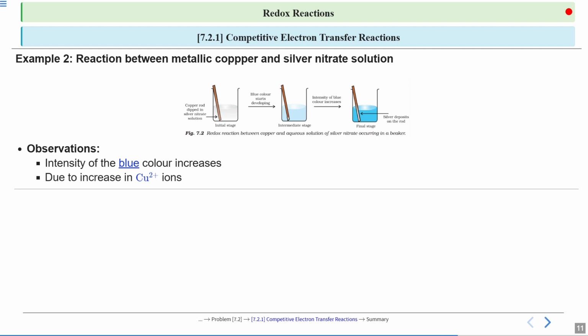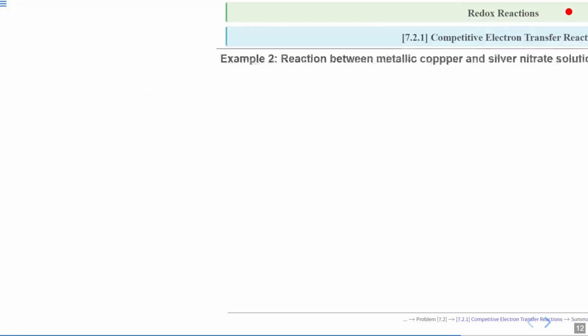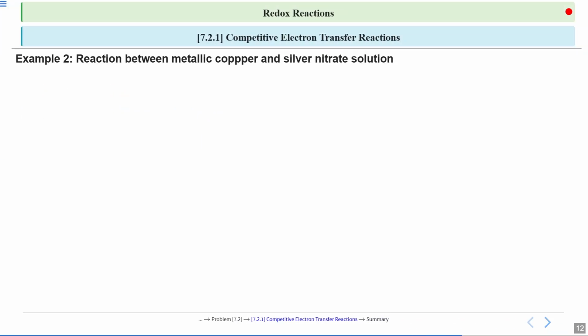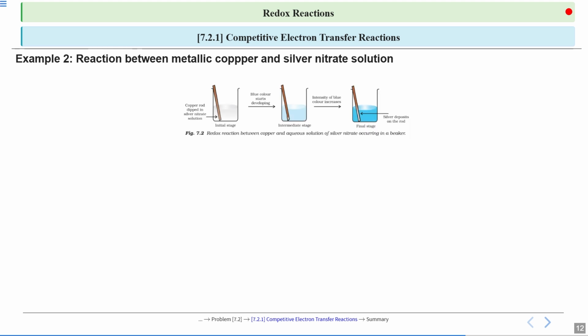This has happened because of the increase in Cu2+ ions. Now in this example of metallic copper and silver nitrate solution, in which the intensity of blue color has increased and silver is deposited on the rod, how can we understand it in a chemical reaction manner?